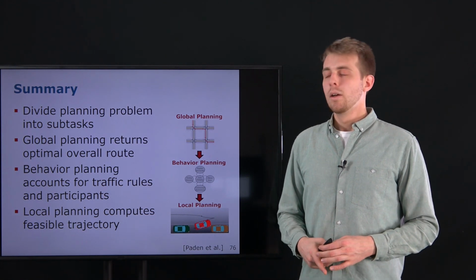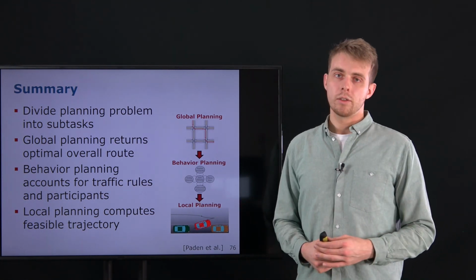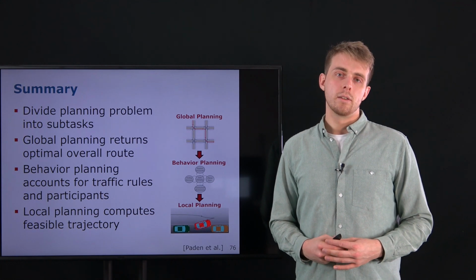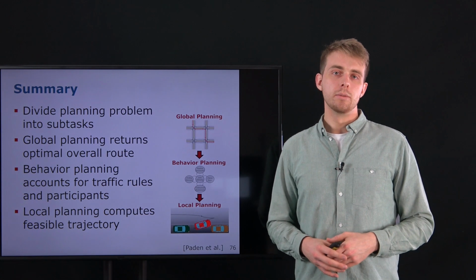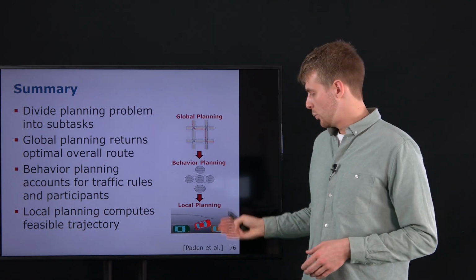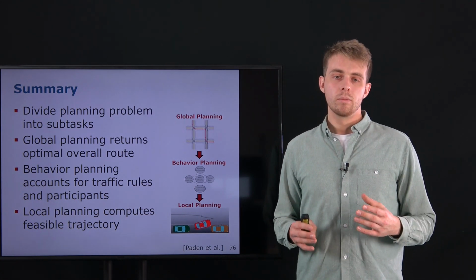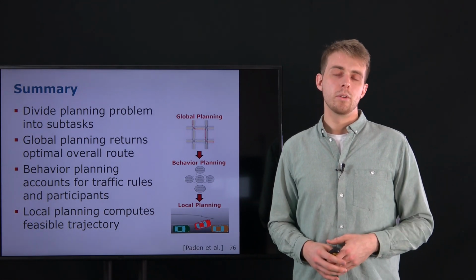Finally, the local planner checks for collisions and guarantees that the final trajectory meets all the requirements we defined before. Then you pass this to the control, and the controller can follow it.